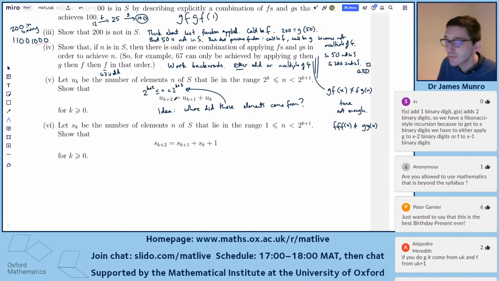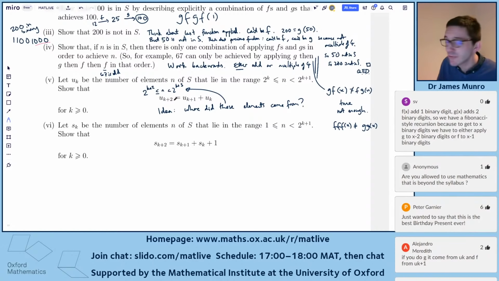That interval is 1 less than or equal to n less than 2, or 2 less than or equal to n less than 4, or 4 less than or equal to n less than 8, and so on. So this sum, for how many there are, is u0 plus u1 plus dot dot dot, plus I think the last one is u_{k+2}, using the previous things about how many there are in each range.